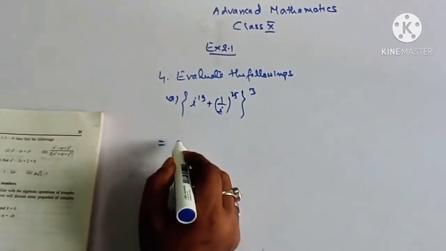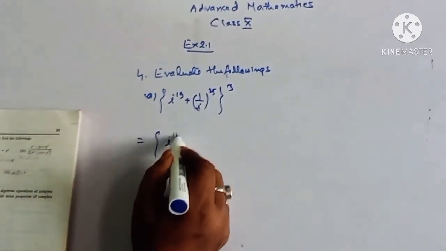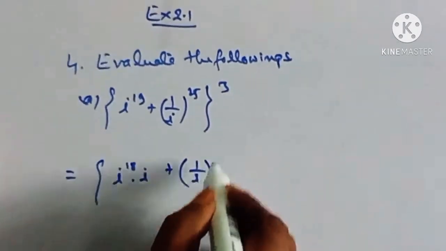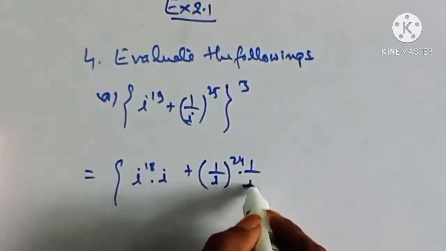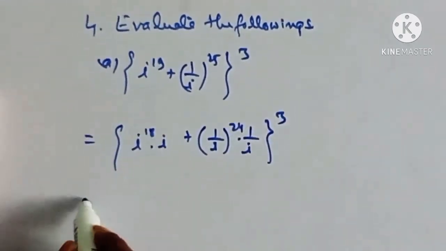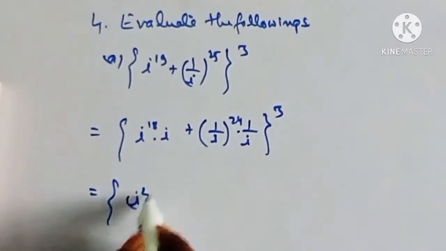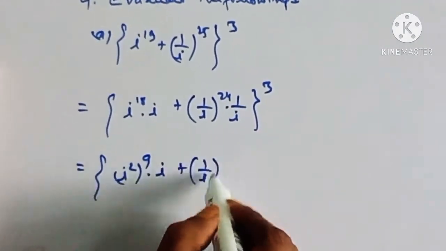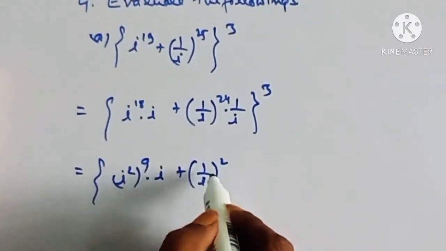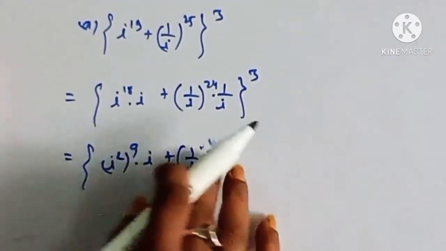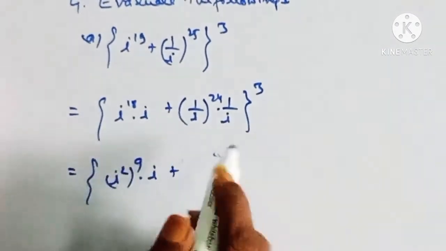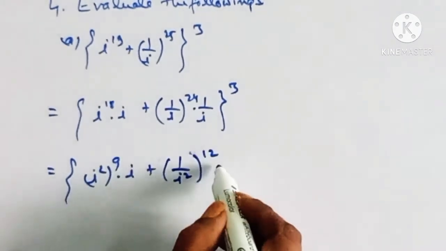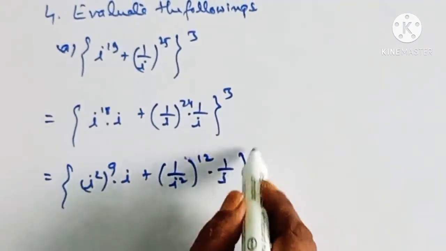So this will be i to the power of 18 into i plus again 1 by i to the power of 24 into 1 by i power 3. So this will be i square to the power of 9 into i plus 1 by i square to the whole power 12 into 1 by i the whole cube.